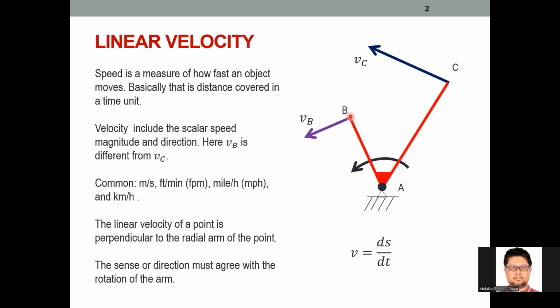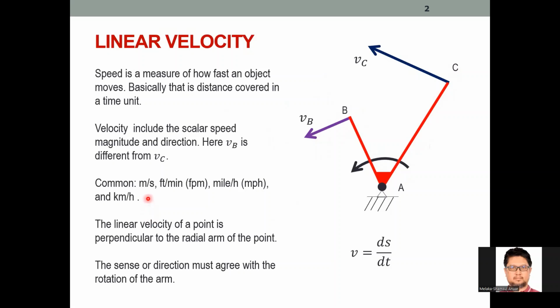For the linear velocity, it is pointing this way, perpendicular to the direction of the radius between A and B, whereas C is pointing that way because it is perpendicular to this link, AC.